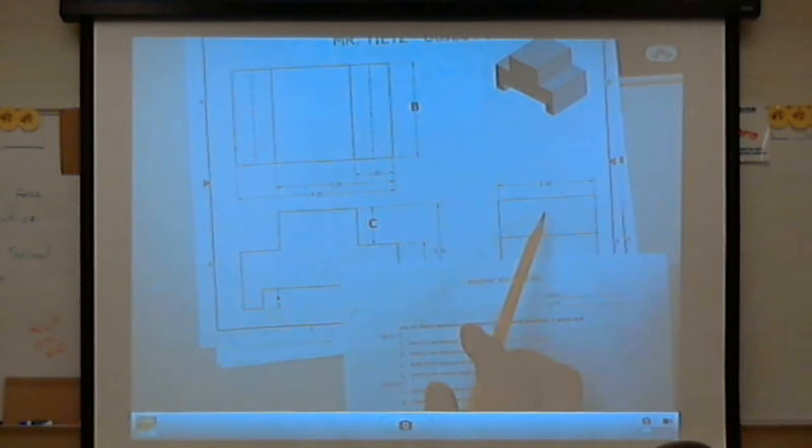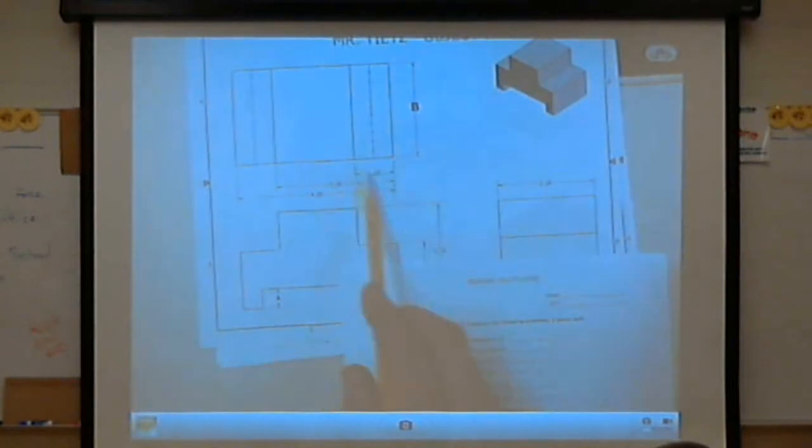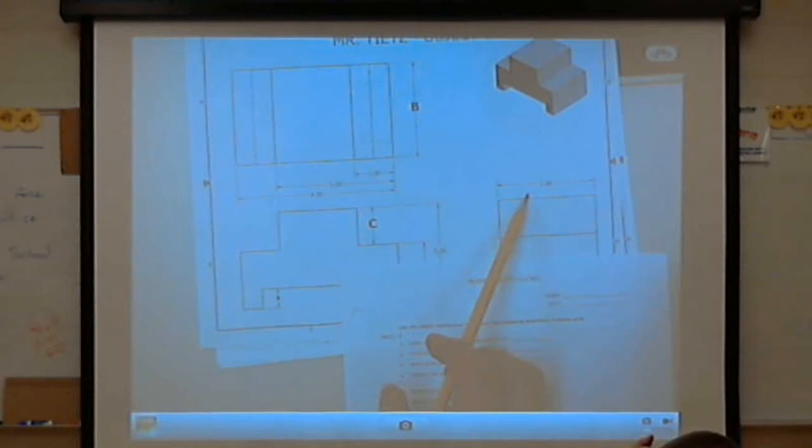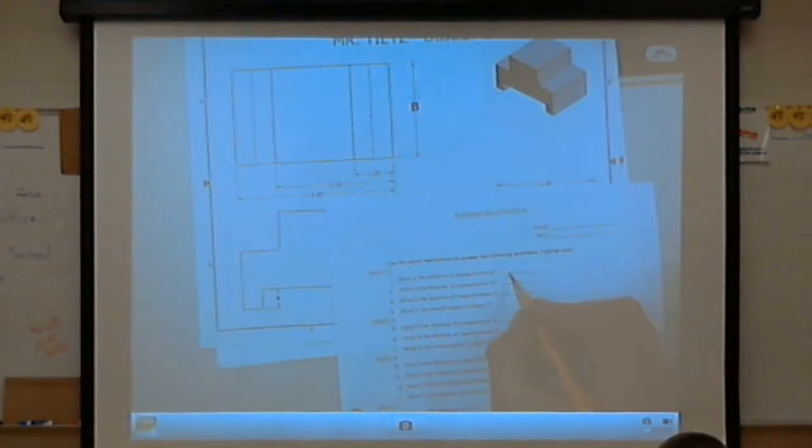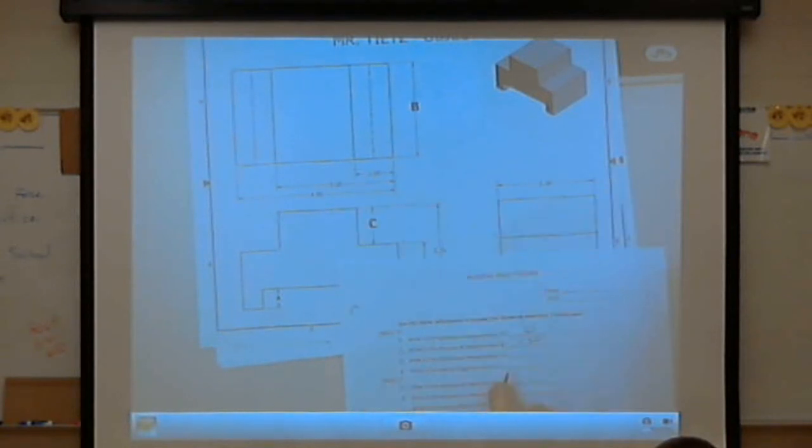The top view and the right side view. Okay, so it's not located on this view here, but if we look over here, it gives me the depth of what? 2.5, right? So A is going to be 0.50. B was 2.50. C is asking for what?